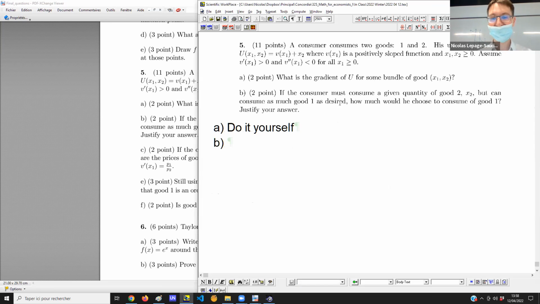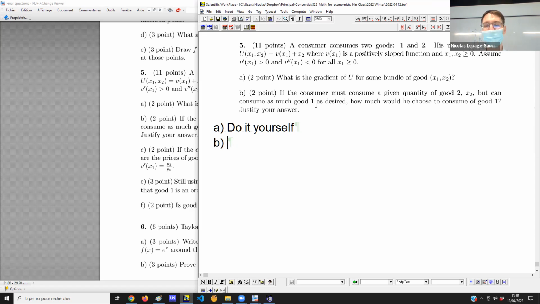So let's go ahead. If the consumer must consume a given quantity of good 2, but can consume as much good 1 as desired, how much would he choose to consume of good 1? Specify your answer. It's more defined by what consumers do.